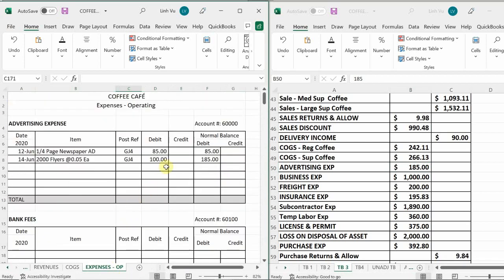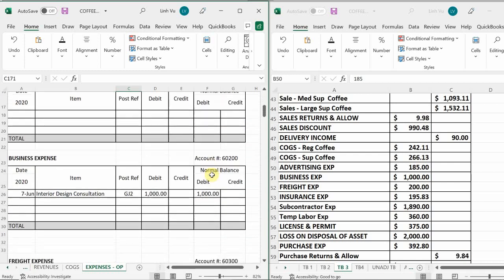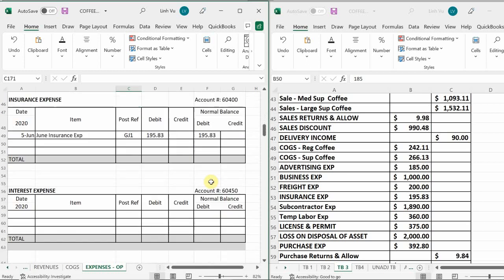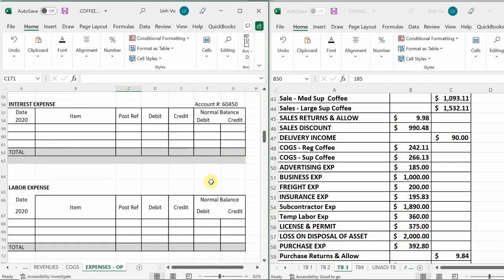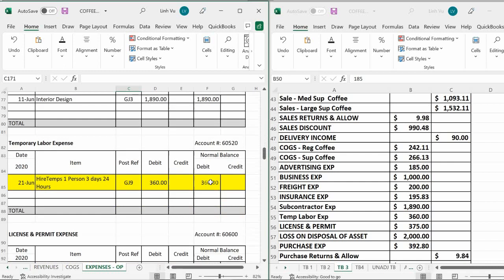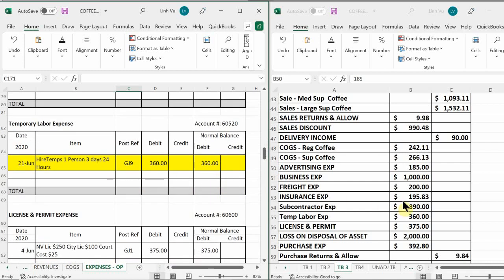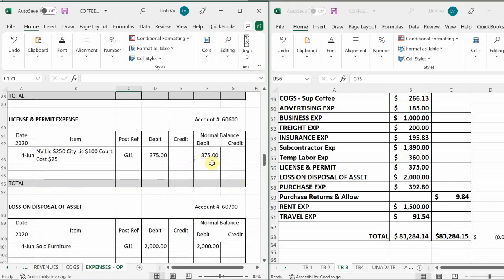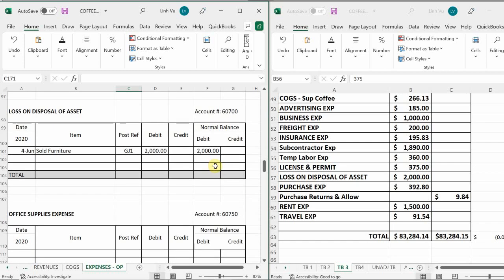Starting from the first one, my expenses, $185 for advertising, bank fee $0, business expense $1,000. Freight is $200 now. Okay, no changes there. Here $195.83. Okay, for my insurance. And then I got subcontractor expense for $18.90, which didn't change, but I did incur temporary work labor for $360, and then I incurred $375 for my license and permit.